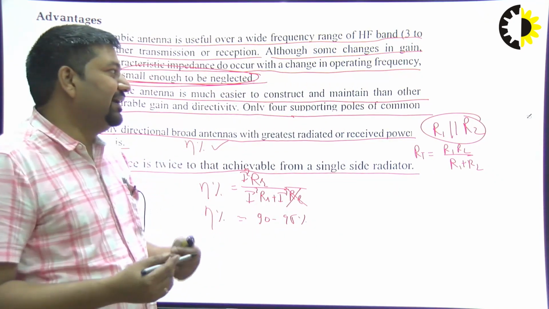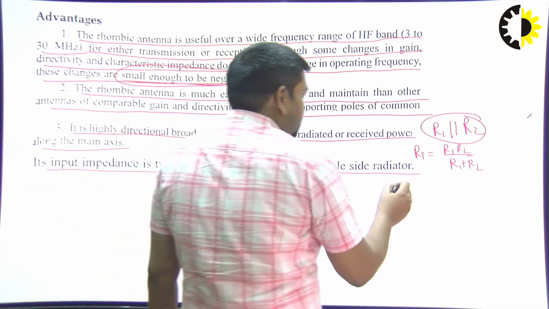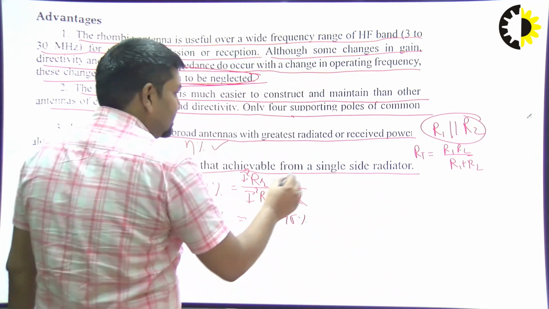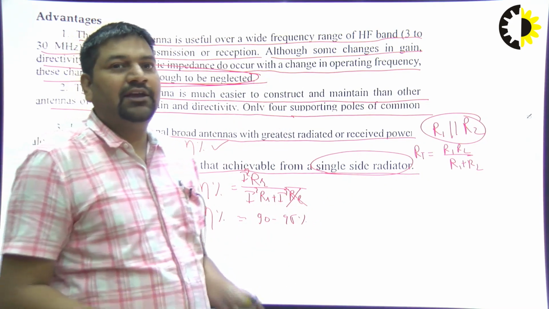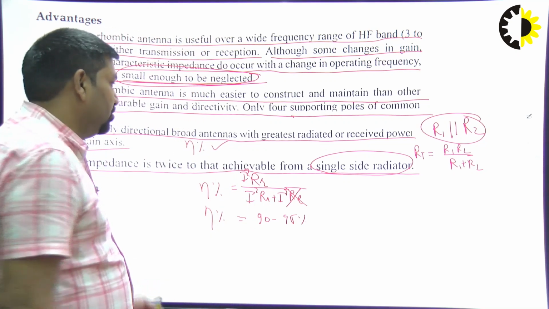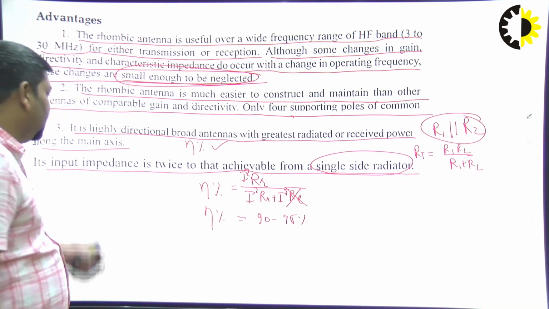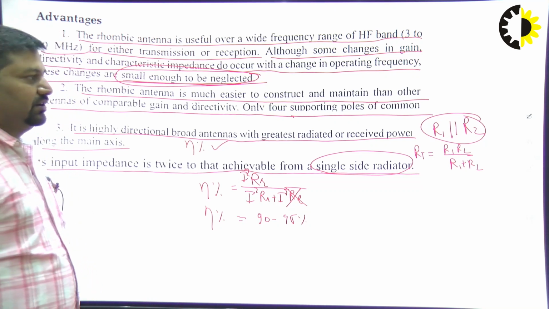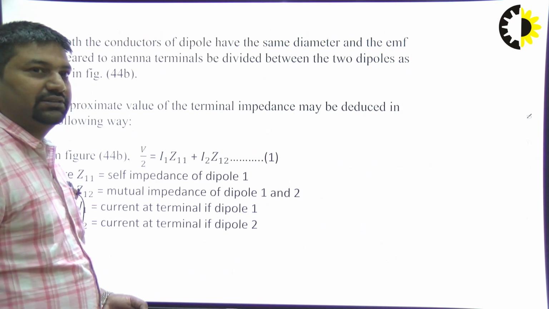We want this resistance matched to the load impedance. Here only a single side of the radiators works, so we increase the input impedance of that particular antenna.